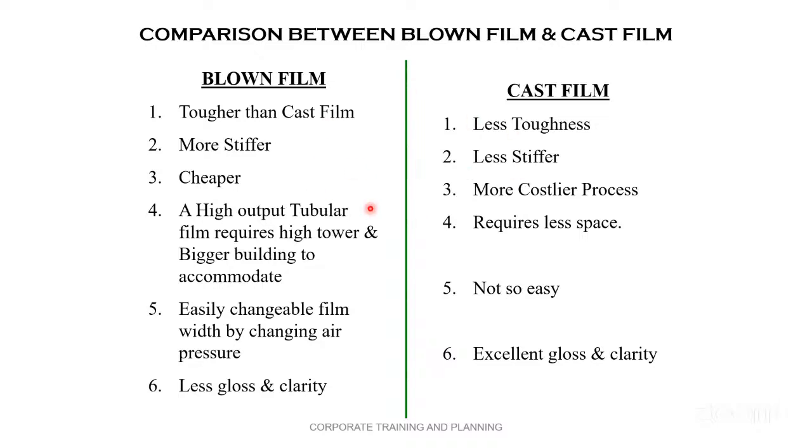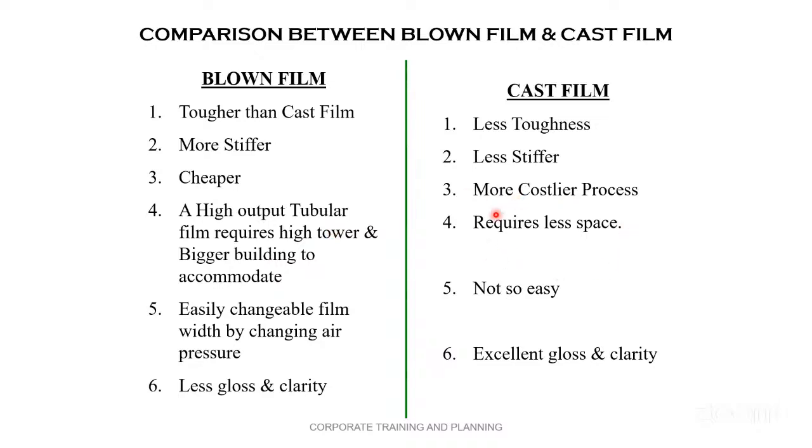Therefore, if you see, these are more costly than the blown film. A high output tubular film requires a high tower and a bigger building to accommodate it, because it is very high. You have seen just now the video of the blown film plant, which requires 2 to 3 floors.